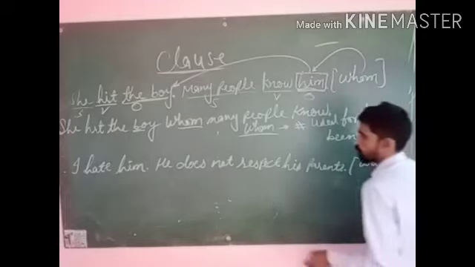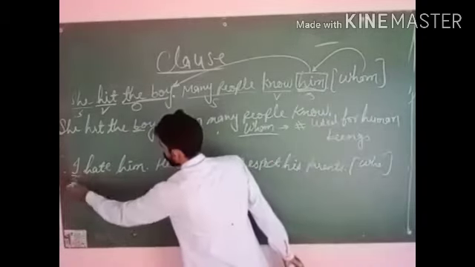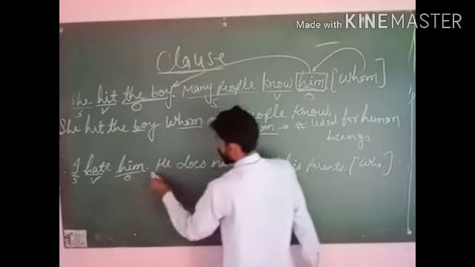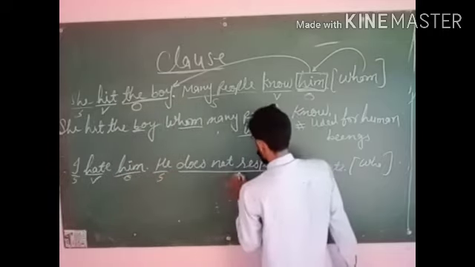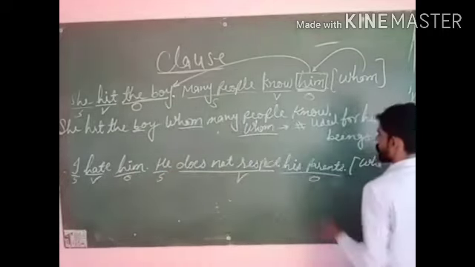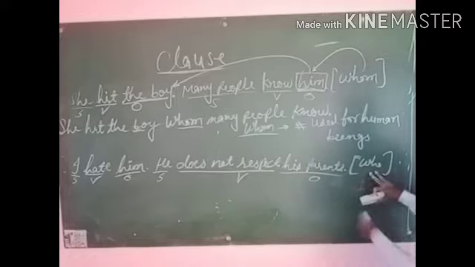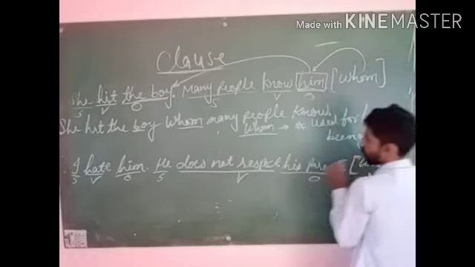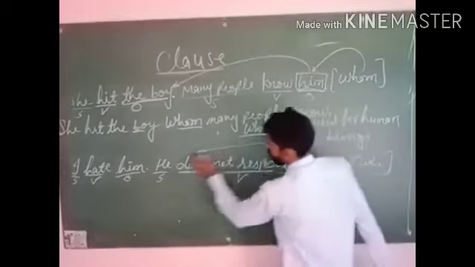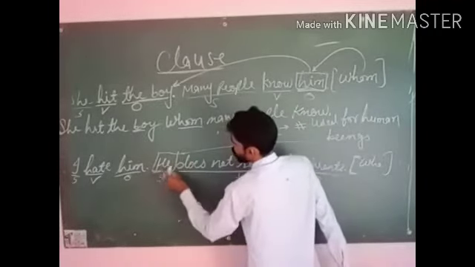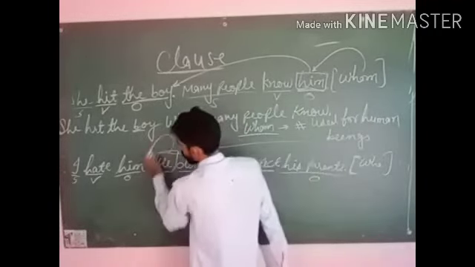I is subject, had is verb, him is object, he is subject, does not respect is verb, his parents is object. What do we have to do? We have to replace this who in subjective case. Subjective case is he, and we have to put it near the object for which it has been used.